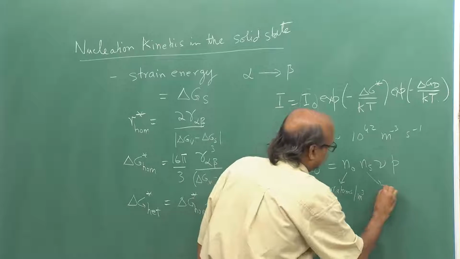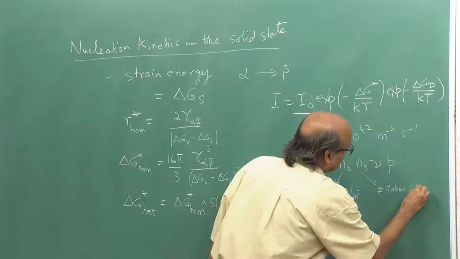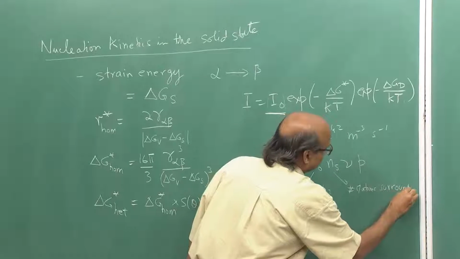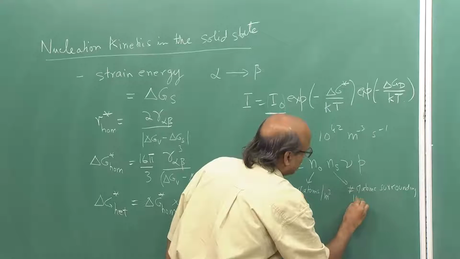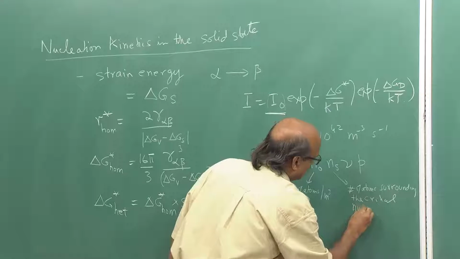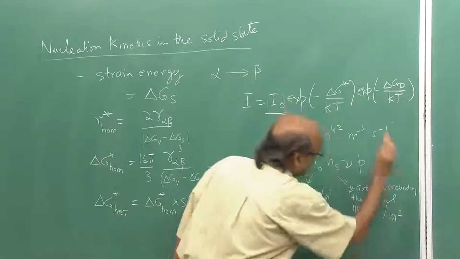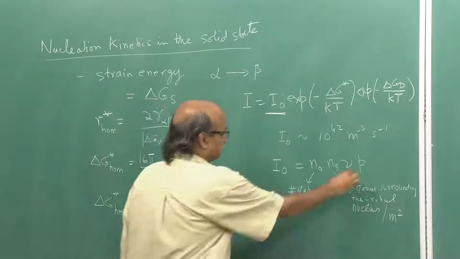These are the number of atoms surrounding the critical nucleus per unit area, per meter square, let us say.